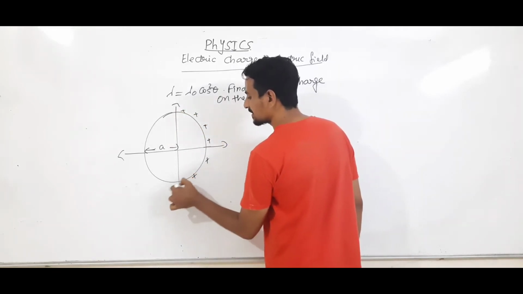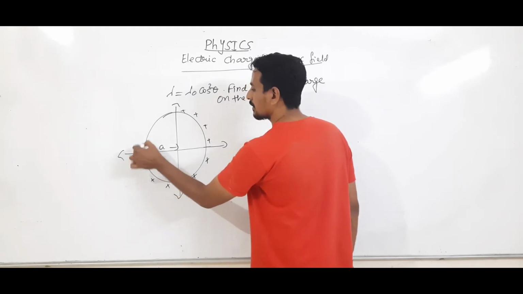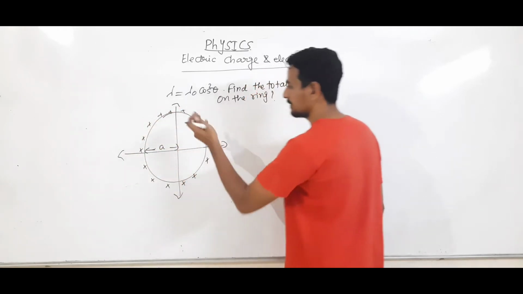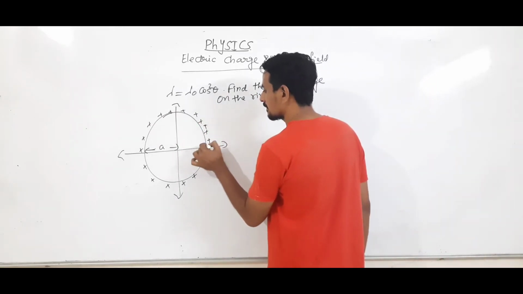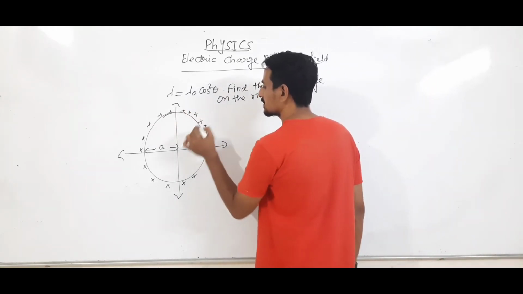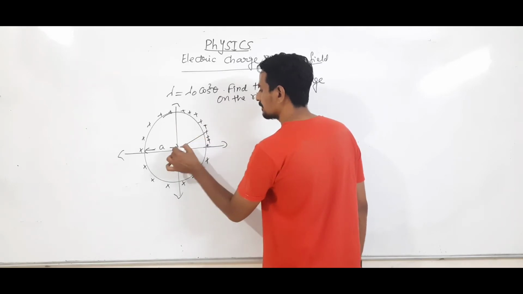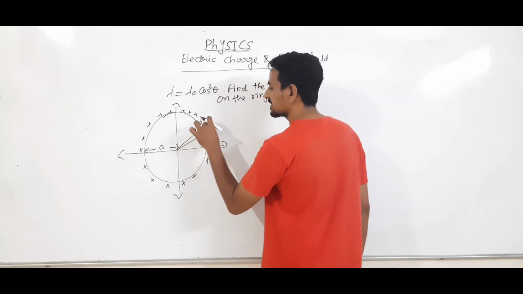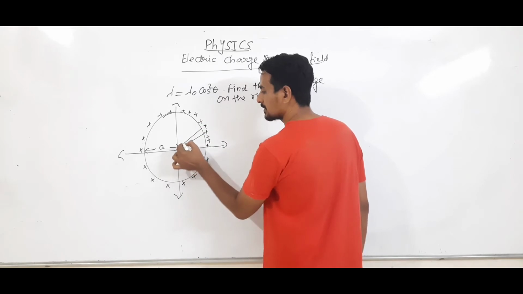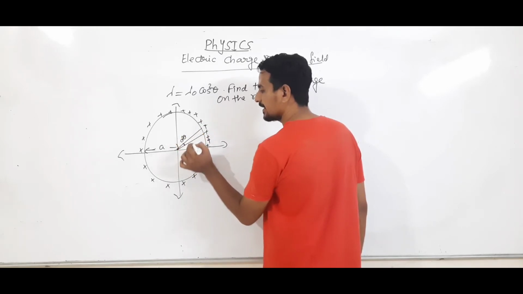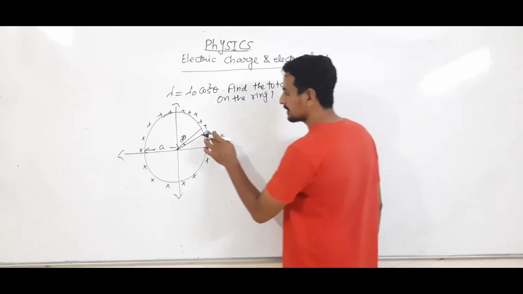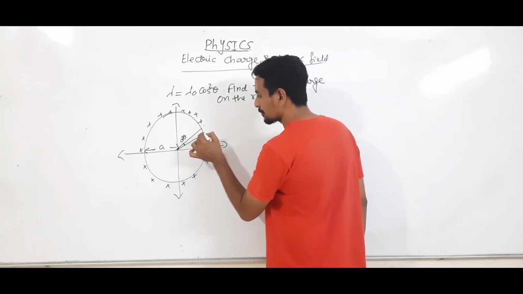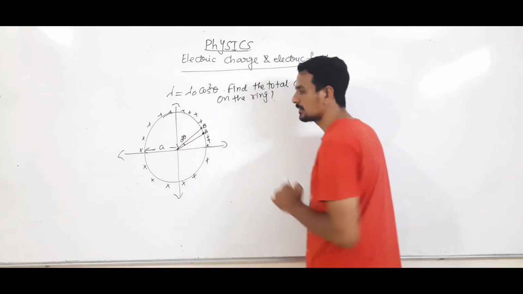Okay, see, suppose charges are being distributed on the circumference of the ring like this. First we will calculate dq, right? Let this charge be dq. Suppose it subtends an angle d theta. a is the radius, and this is known as the arc. This portion, say A to B, will be the arc.